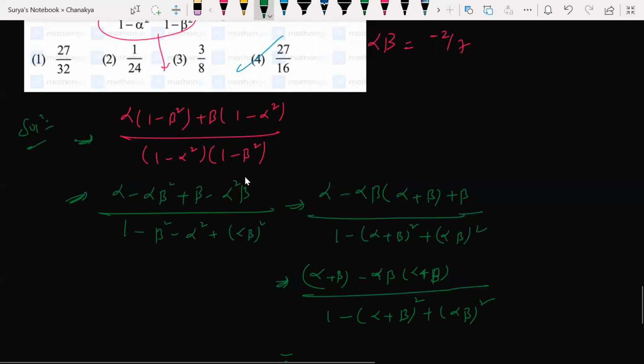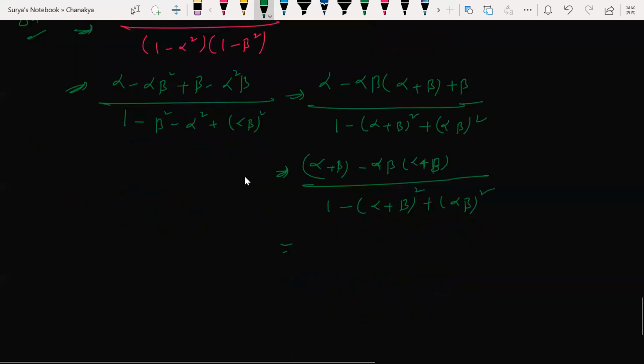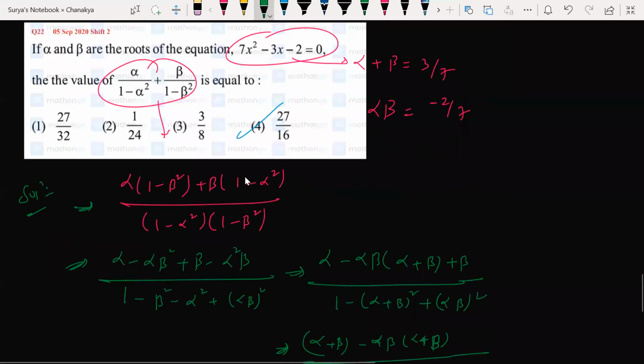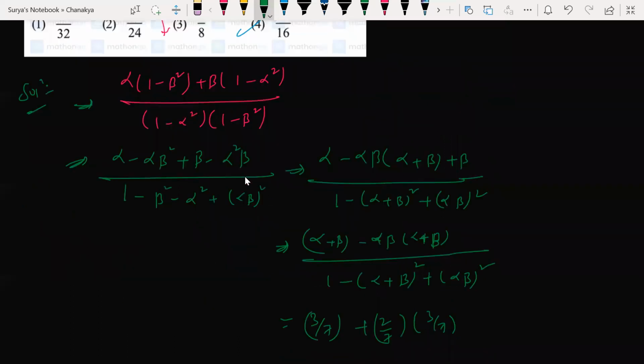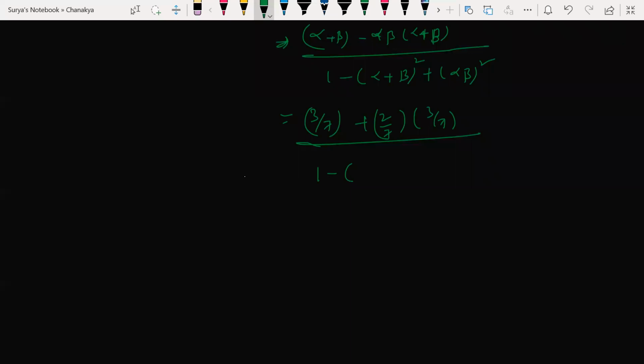Alpha plus beta is what? 3 by 7. 3 by 7 minus alpha beta is what? Minus 2 by 7. So minus into minus is plus. So 2 by 7 into 3 by 7, beta. 1 divided by (minus 3 by 7) whole square plus (minus 2 by 7) whole square.